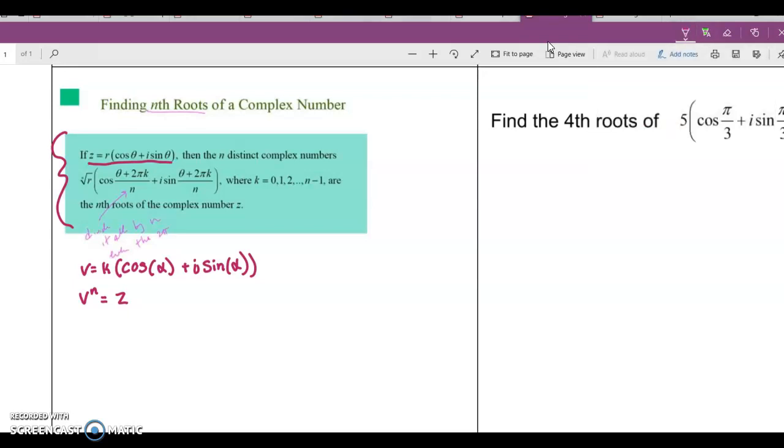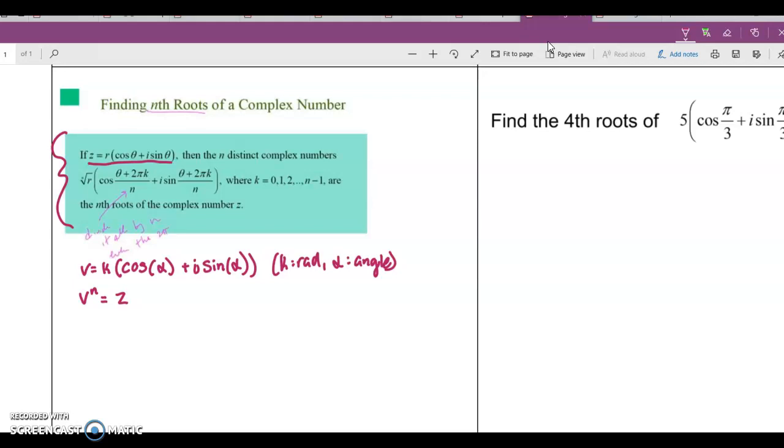So in this case, k is your radius, alpha is your angle. And then we're also saying that if we raise v to the nth power, we get z. And z is defined up here: z is equal to r times cosine theta plus i sine of theta.